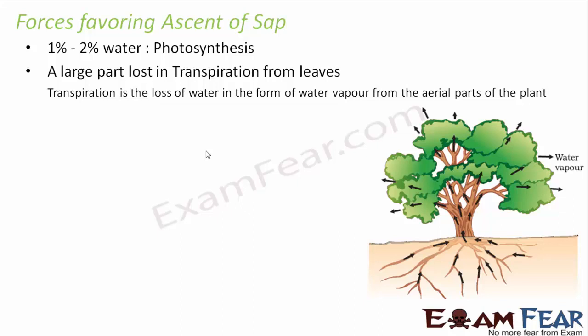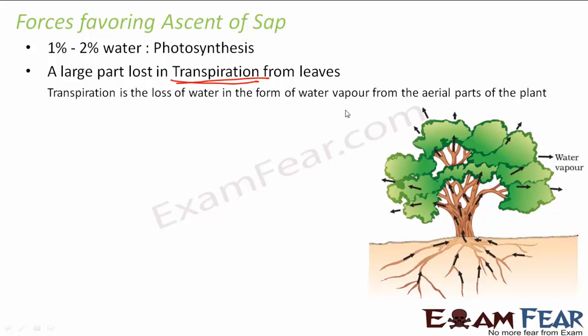When water from the soil reaches the aerial parts of the plants, most of it is lost into the atmosphere from the leaves, and this process is known as transpiration. It is the loss of water in the form of water vapor from the aerial parts of the plant. On the leaves we have tiny pores called stomata through which gaseous exchange takes place. Through the same pores, water may also be lost to the atmosphere as water vapor.